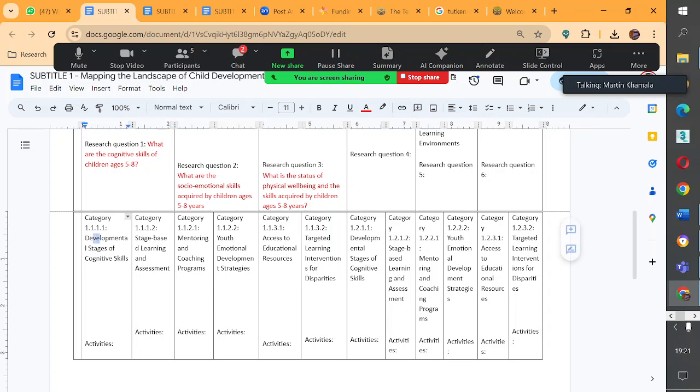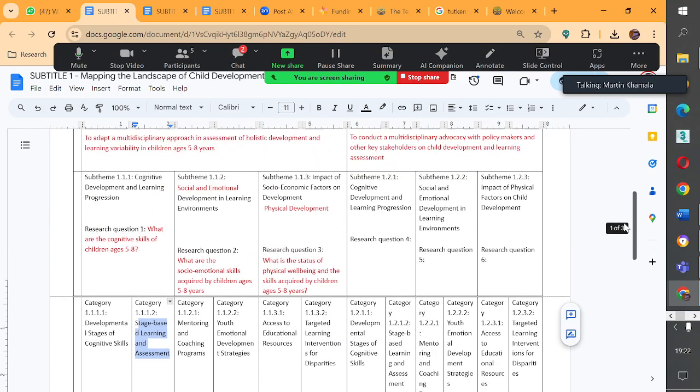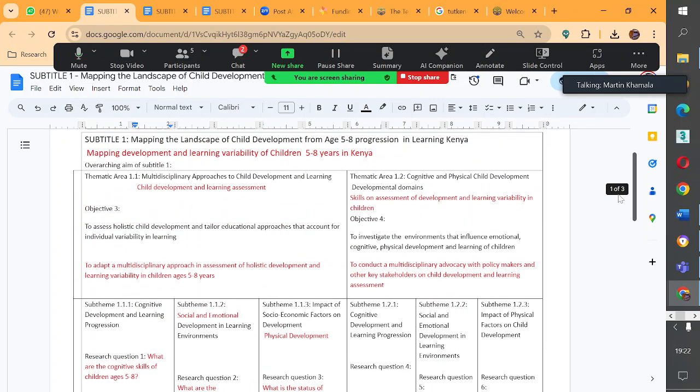And the second set of activities would be stage-based learning and assessment. And now we can decide on those activities when writing. So this is a framework, and it gives us a strong guide which helps to harmonize our ideas.